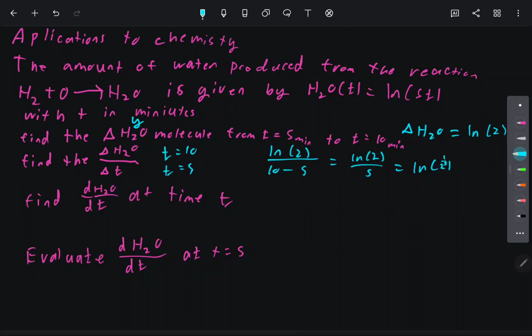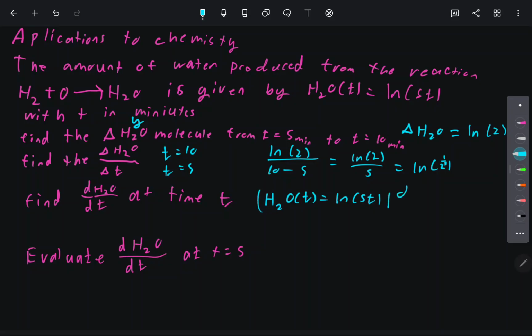Now we want to take the derivative with respect to time at time t of this change in H2O. So what we're going to do is we know that H2O of T is equal to the natural log of 5T.